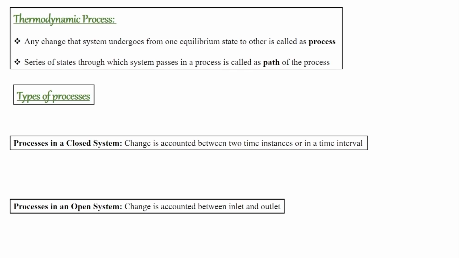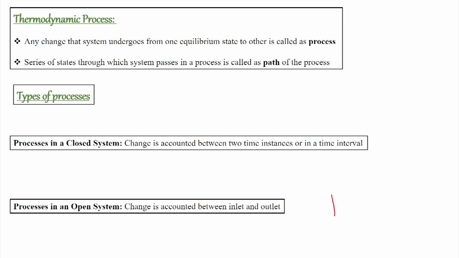This is at a later instance for the same mass, and that pressure and temperature is the next state of the system. So initial and final are states of the same system, but at two different instances.